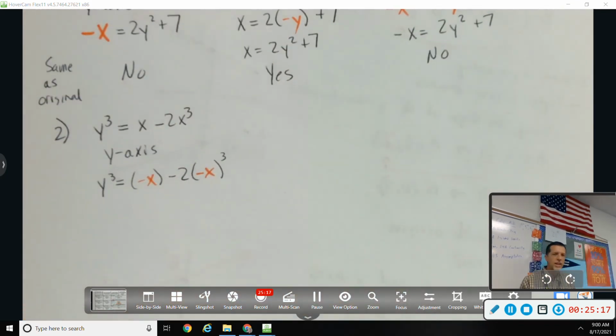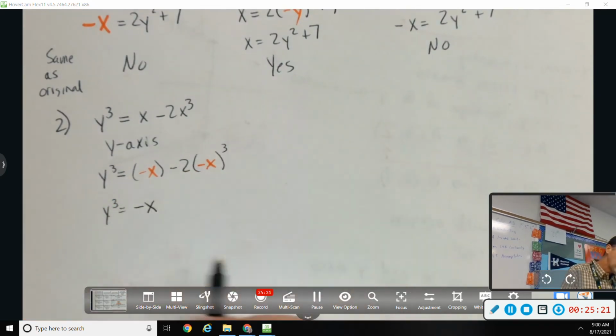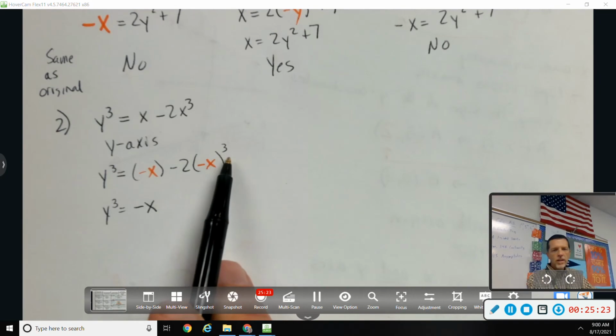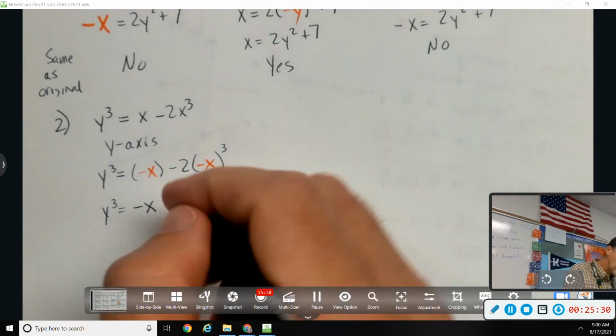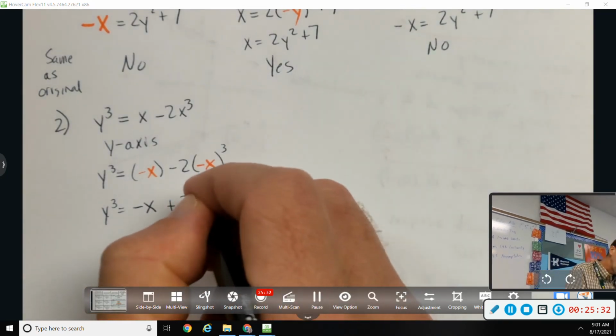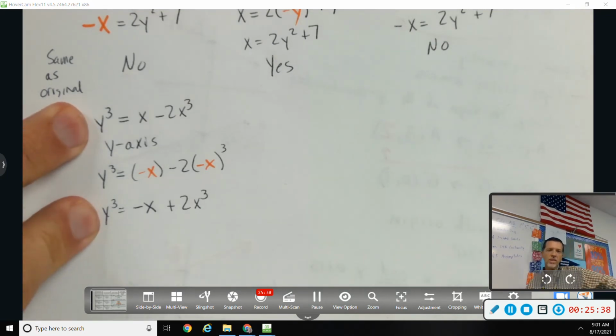Let's see. So y cubed equals negative x. Be careful over here. If I cube negative x, it's still negative, but then that minus sign out front would make it positive. Is that the same as the original equation? No.